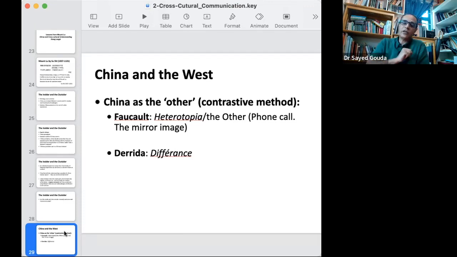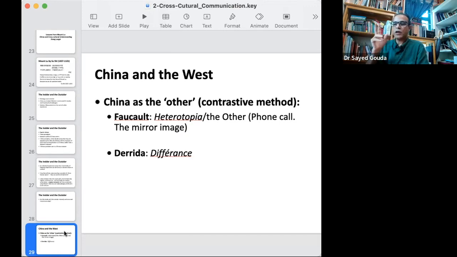So China is the heterotopia. To Michel Foucault, China is the heterotopia, the other country, the other place. There is the West and there is China, okay? L'autre in French. And Derrida said the same thing. Derrida is famous for this concept of différance.